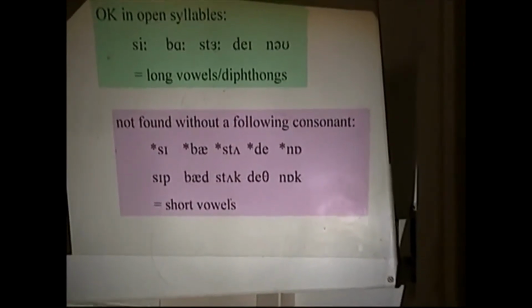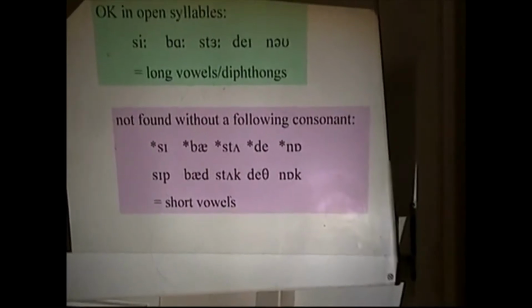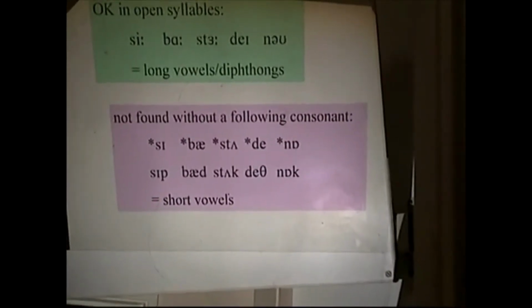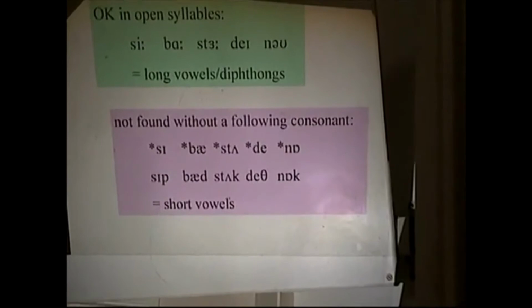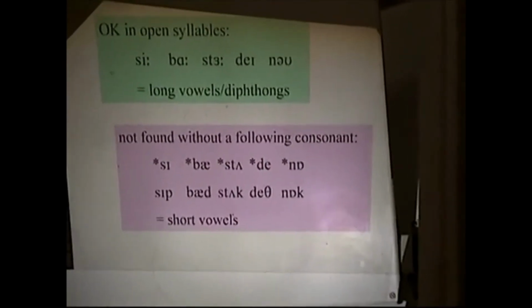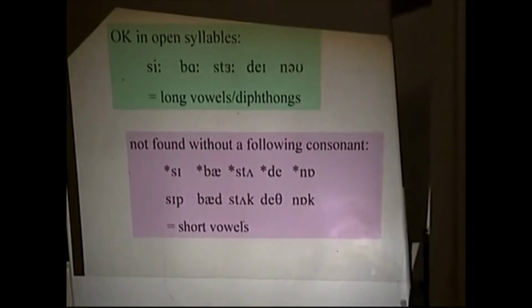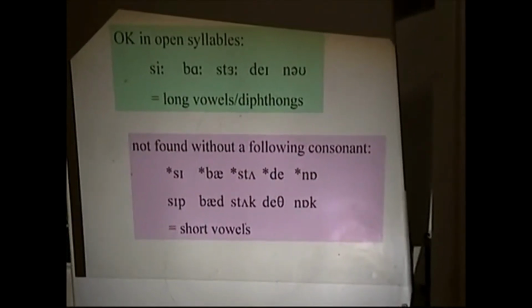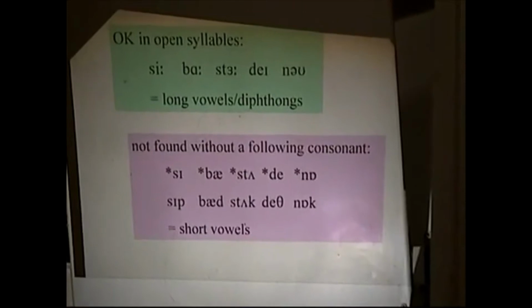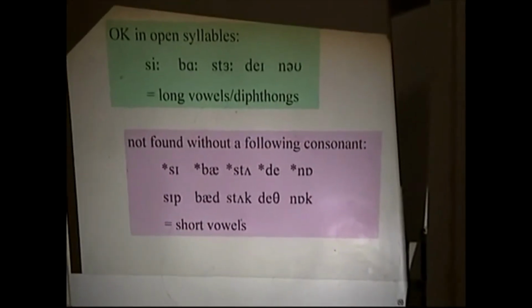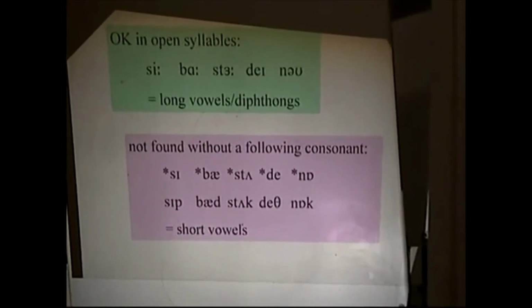On the other hand, if we consider the short vowels as they're traditionally known, we notice that we cannot have such words as, this asterisk means you can't have it, you can't have sick, you can't have bad, you can't have stuck, you can't have dead, you can't have not.